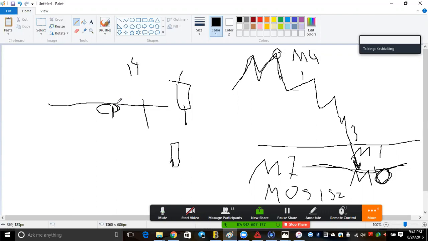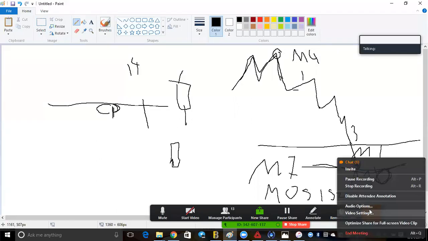We attack stop hunt lows on the uptrend with buys. We attack stop hunt highs on a downtrend with sells. Those big market moves usually come after news.